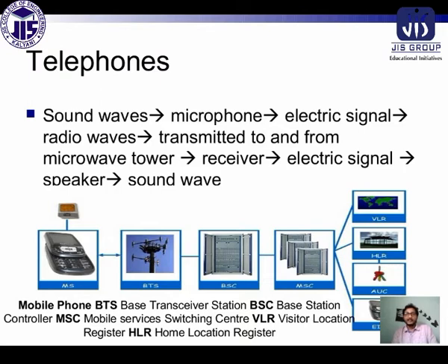Then this electrical signal is received and modulated or demodulated, and converted from the electrical signal to the sound wave again by the speaker. Okay, and that's how we get communication from one person to another, and that is used in our cellular technology.